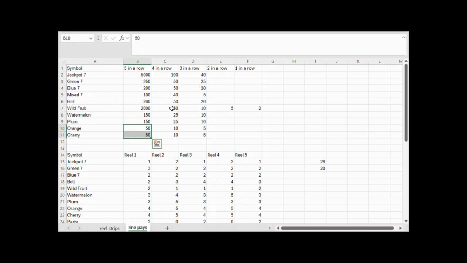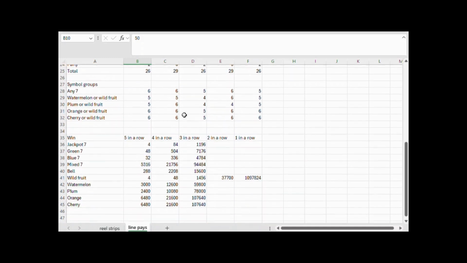So we need to decide which way to count something like wild, wild, wild, wild, orange. That's going to pay 50 either way, whether you count it as 4 wilds or 5 oranges. And I'm going to just arbitrarily decide to count it as 5 oranges. It's just a habit of mine that I like to count it the way that there are more symbols.